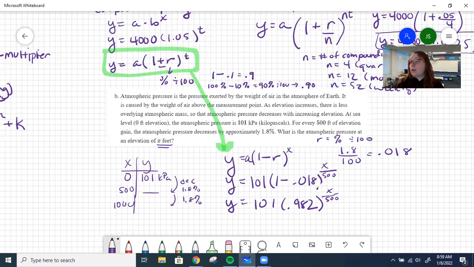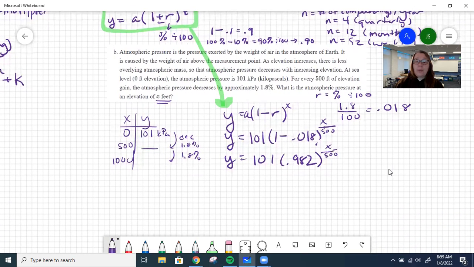And then the other thing that you can do, and we'll get more into this as we go throughout the chapter, is sometimes you're going to be asked to rewrite your formula so you just have a single variable up here instead of having this division. So something that we're going to talk about as we go throughout the chapter, and we'll see this when we move into 512, is that this right here can be split into 1 over 500 and then to the x power.